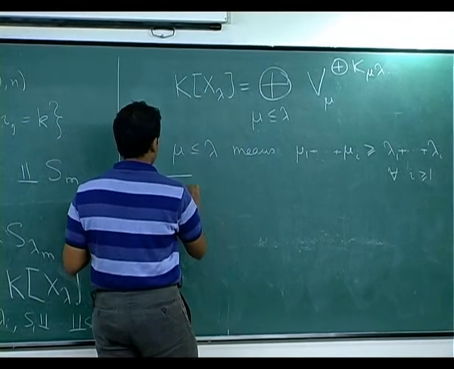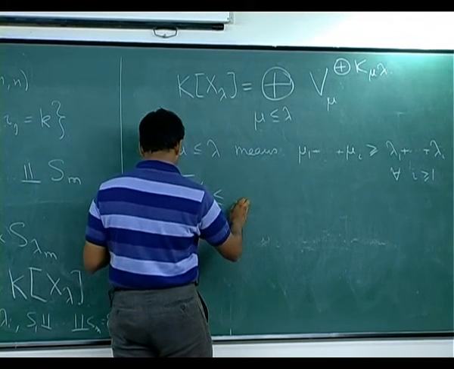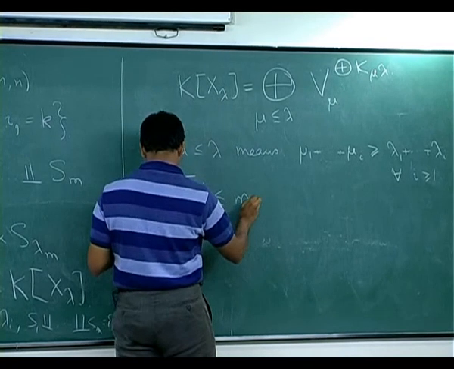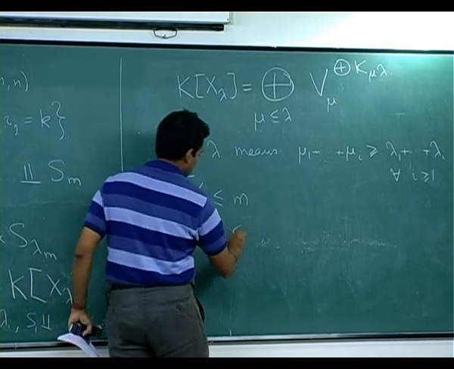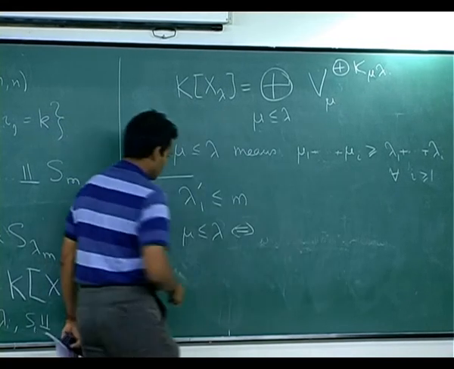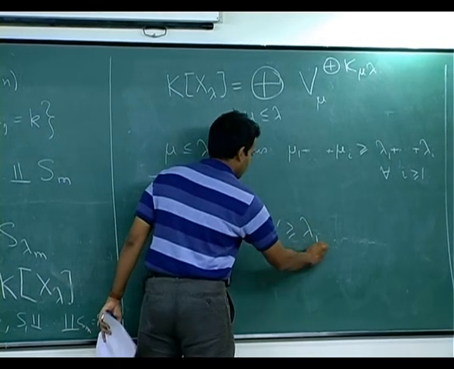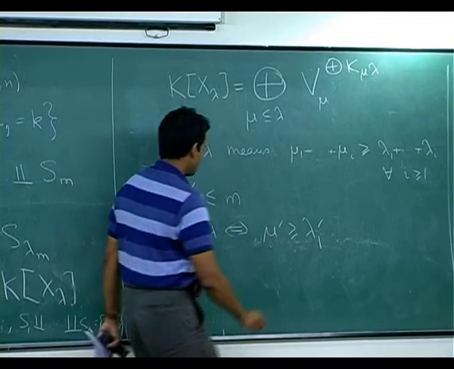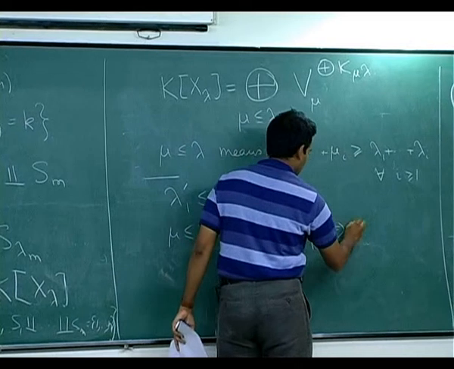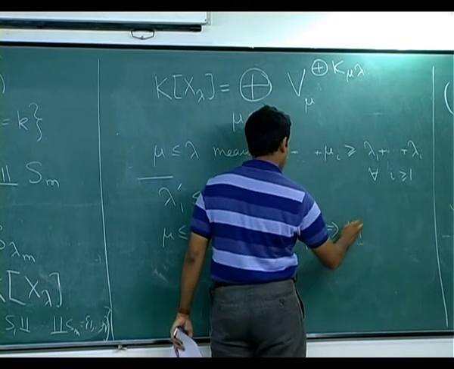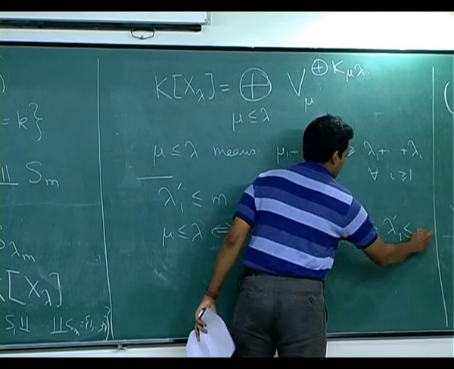So, we know that lambda'_1 is less than or equal to m. But if mu is less than or equal to lambda, this is well known, we have seen this before, mu' is greater than or equal to lambda', which implies that, just taking this rule for i equals 1, that mu'_1 is less than or equal to lambda'_1, which is less than or equal to m.